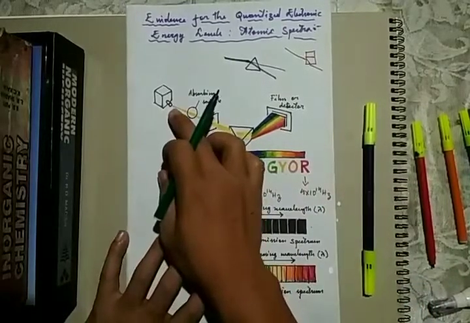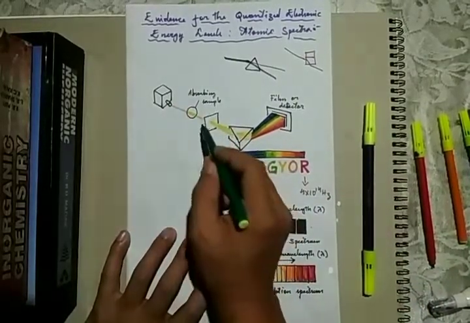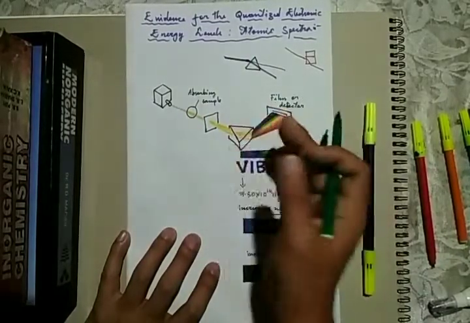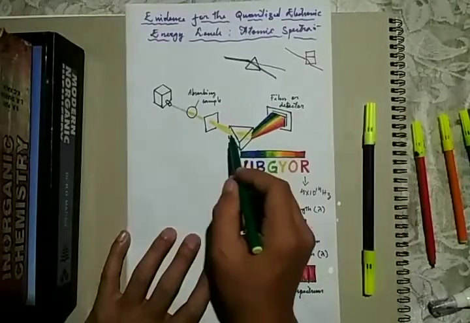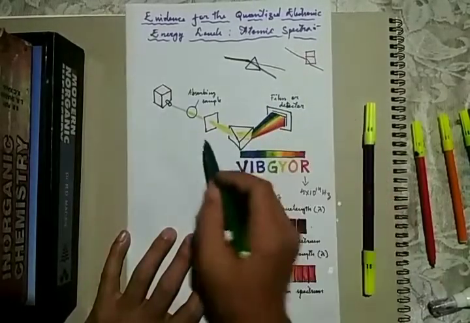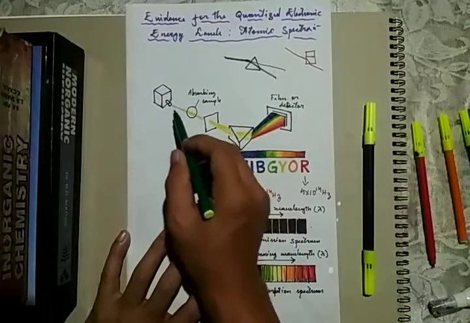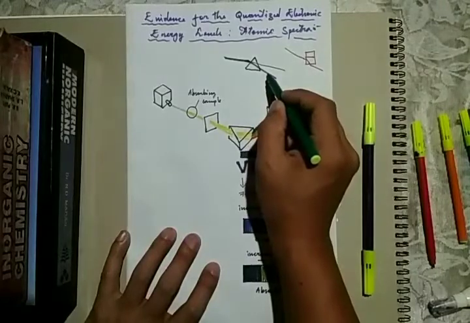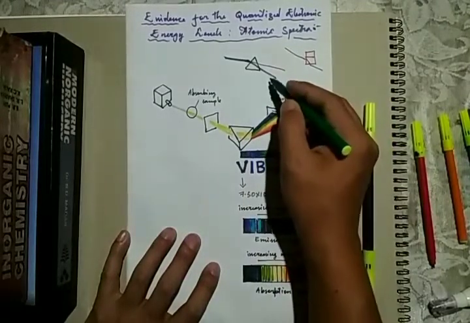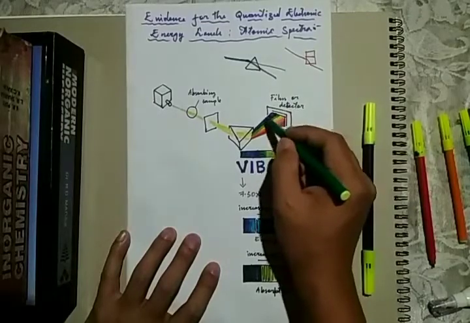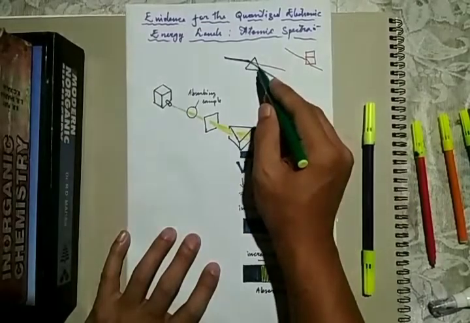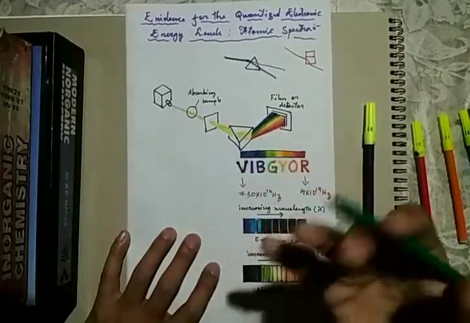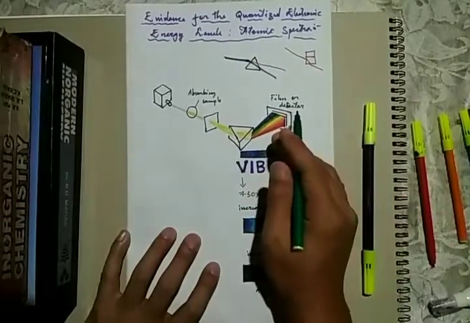So when white light, which is drawn here in yellow, but if you draw white it won't be visible, so imagine it to be white, passes through a prism, the shorter wavelengths bend more, and the longer wavelengths, for example red, deviate hardly.